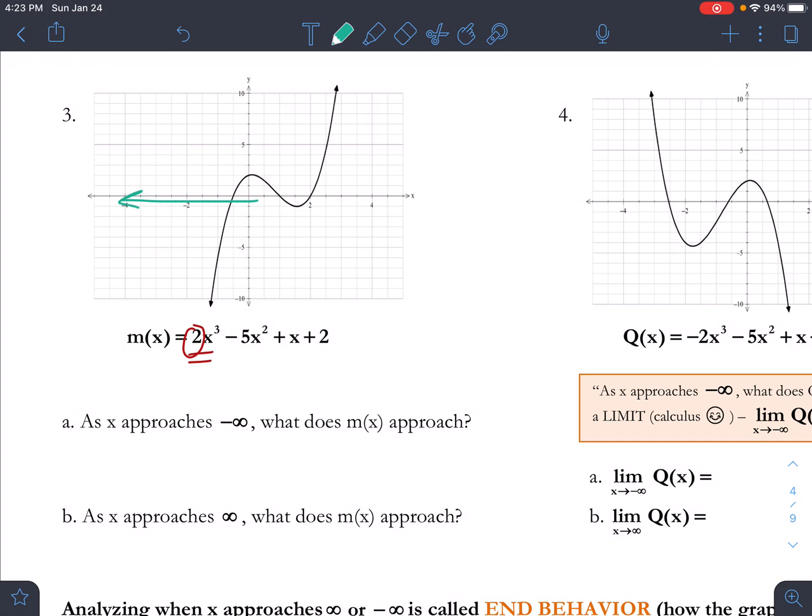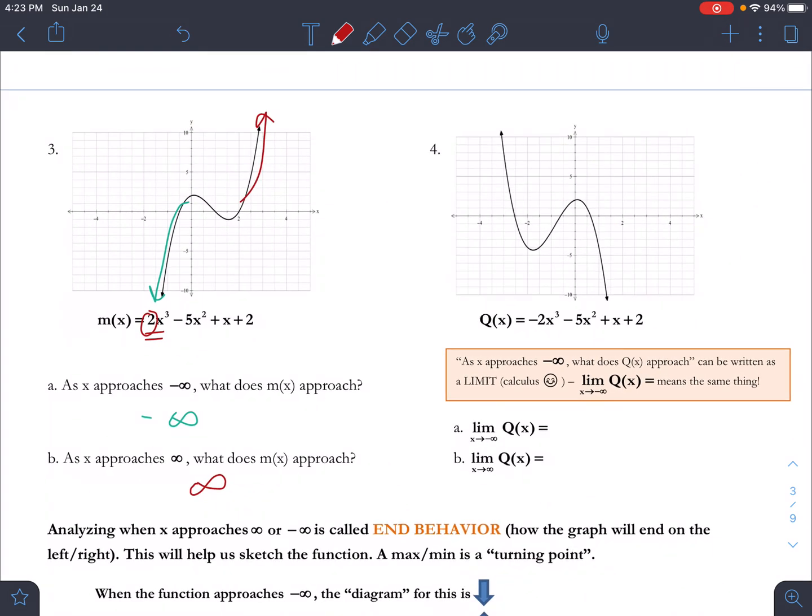As my x's get smaller, my y values are also getting smaller. But as my x values get bigger, think if you were to plug in 20, 100, 1 million, this would be a huge number, a huge positive. So it would go towards infinity.